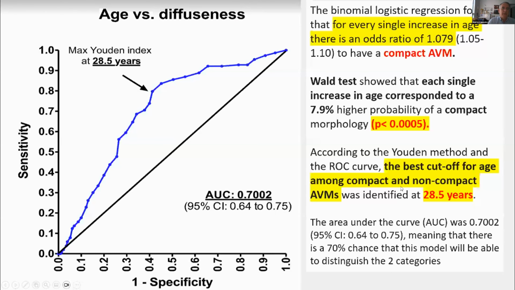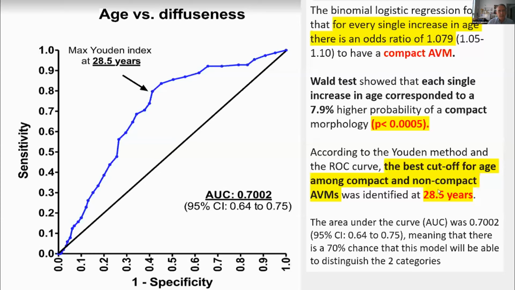We did the study, we put them together, and at the end there was a real p inferior to 0.0005, and the best cutoff age was 28.5 years. So this is the curve that shows something seems to be different before and after that age. Why? We don't know.